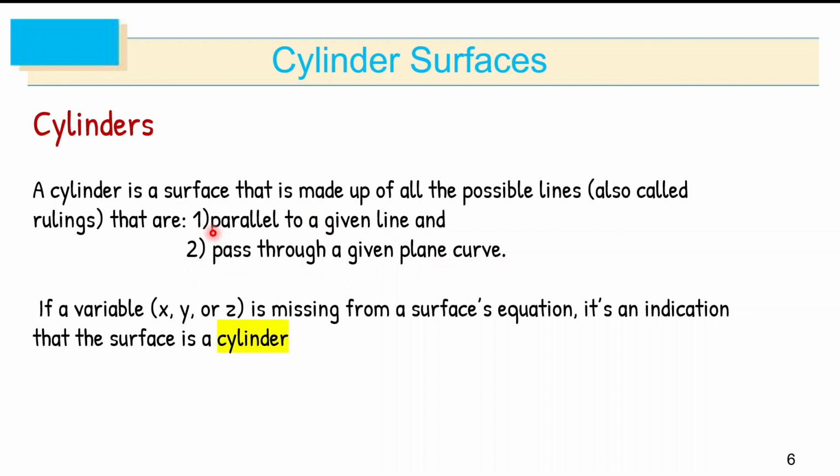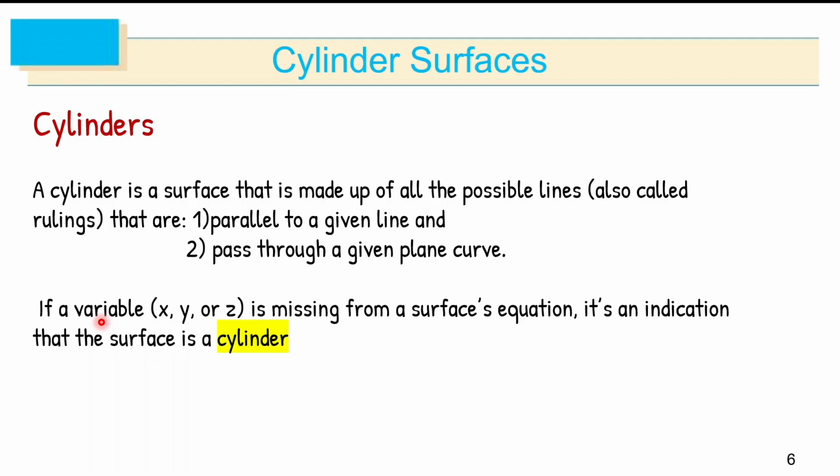How do I know if the surface given is a cylinder? Usually the idea of cylinders is that they give you an equation with one missing variable. So you have the equation with two variables only, but you need to graph it in three-dimensional space.